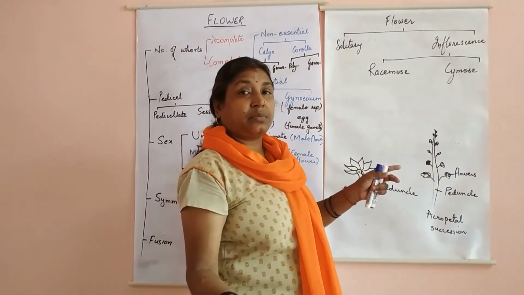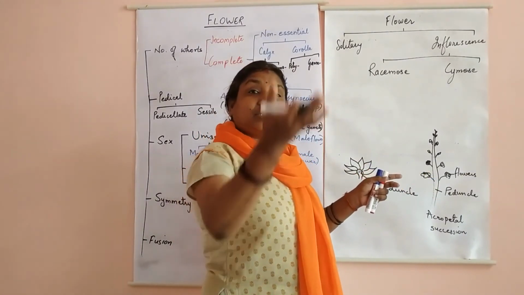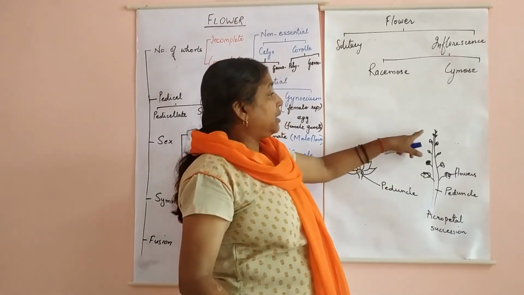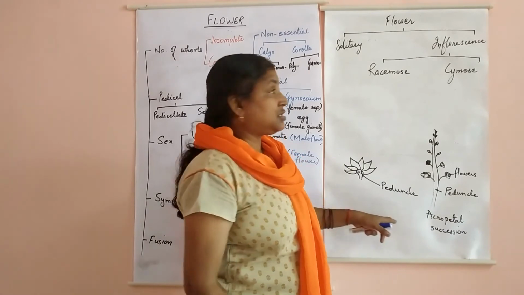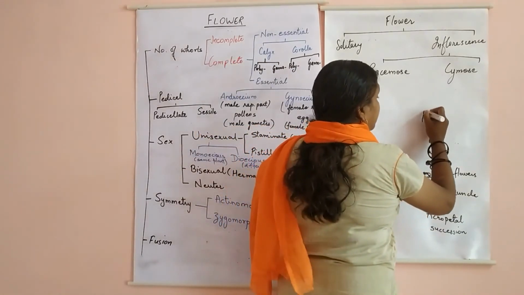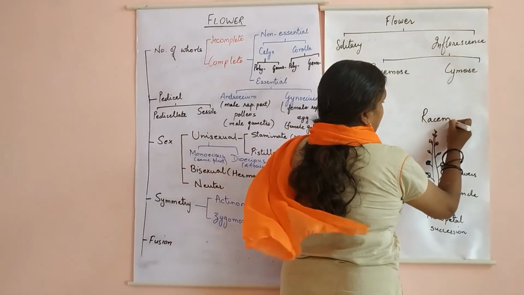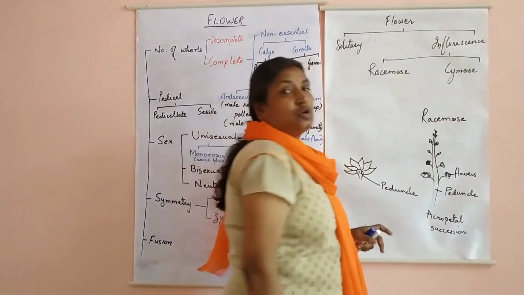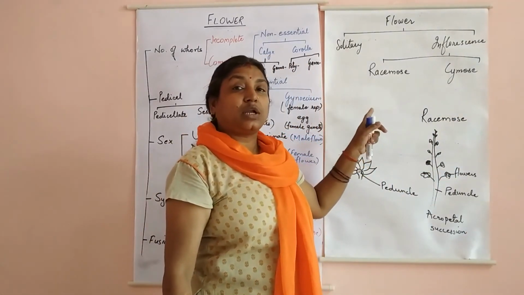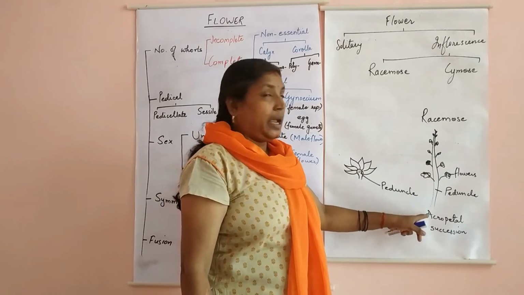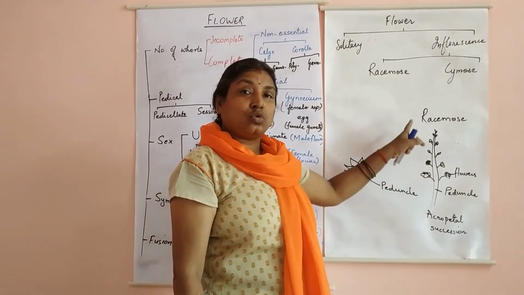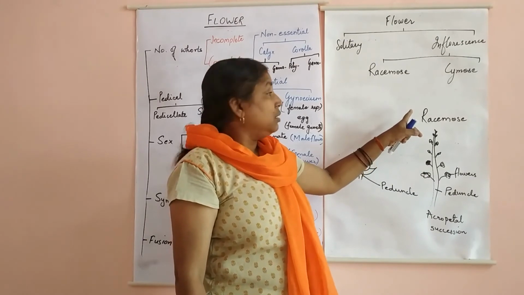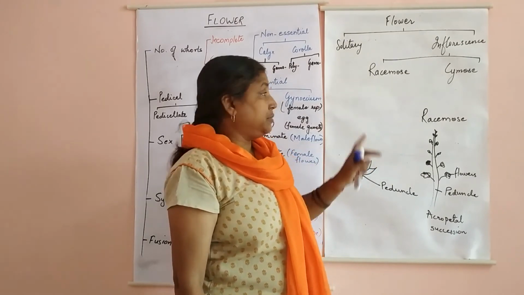The mature flowers are at the base, and the young buds are at the terminal and at the apex. This is known as acropetal succession, seen in racemose. So in racemose inflorescence, the terminal end never ends in a flower. It continues to grow and bloom continuously.